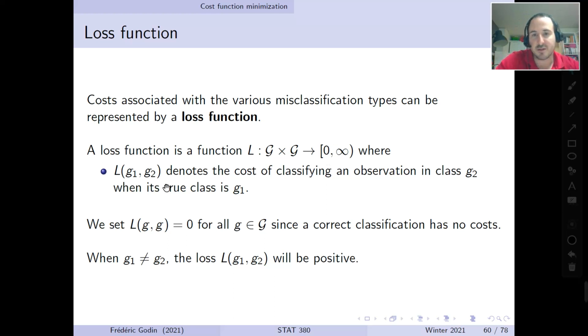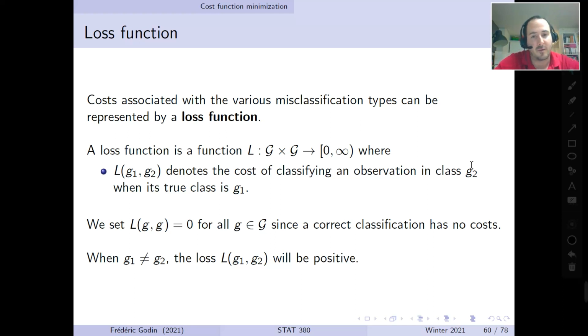where L(G1, G2) denotes the cost of classifying an observation where the true class is G1, but where you classify it into class G2.